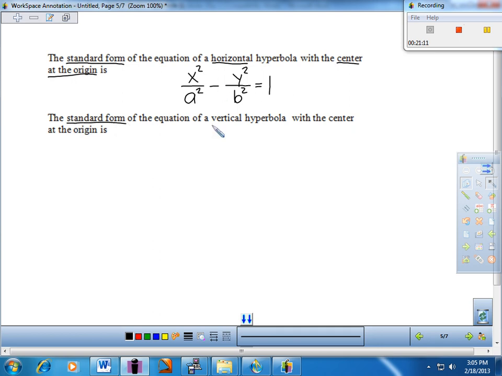Let's get this standard form. Let's do the vertical one, and center at the origin. And you could probably guess what's going to happen here. Two fractions, if you would, minus in between. And because it's vertical, this is how I'm going to know. The y squared is out in front. And going to the vertices, obviously, direction matters. The vertices are in the direction that it opens.